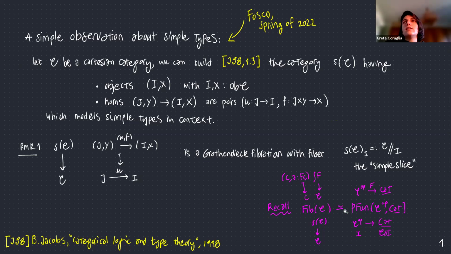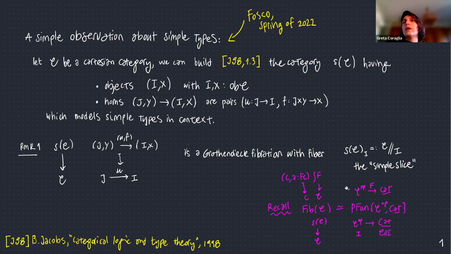On one side, it's quite intuitive: if you start from a fibration, you can think of it as a functor that has a notion of substitution in a sense. So if you go from fibration to pseudo-functor, you just take at each I the category that is the fiber, in this case the simple slice.